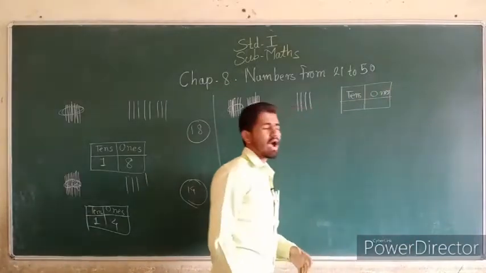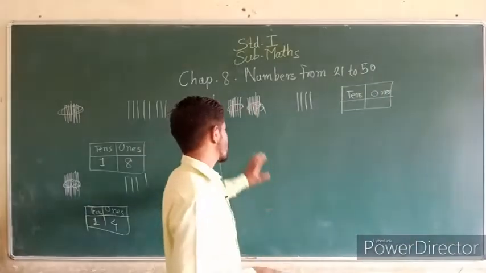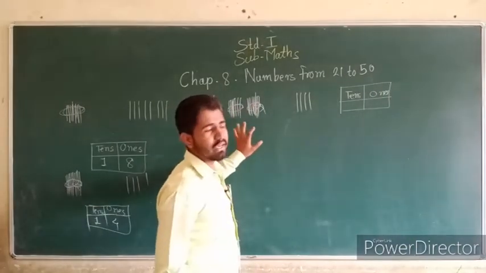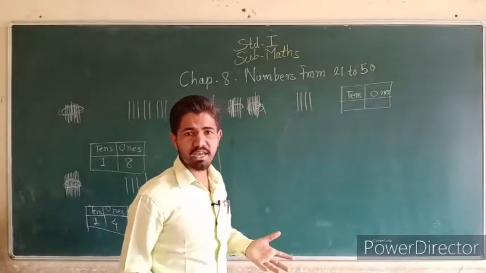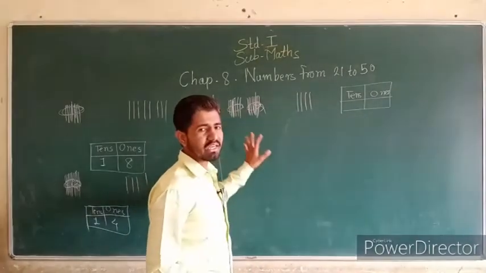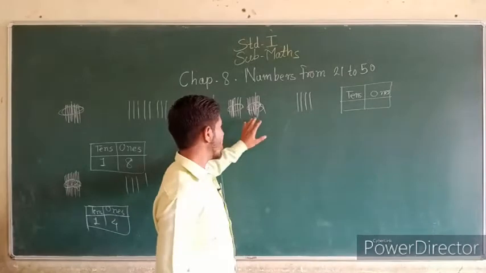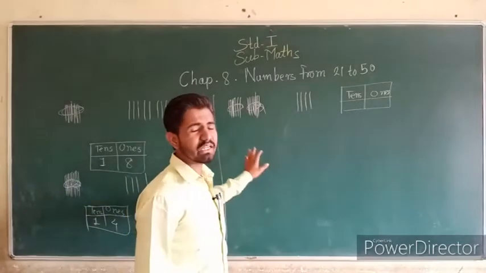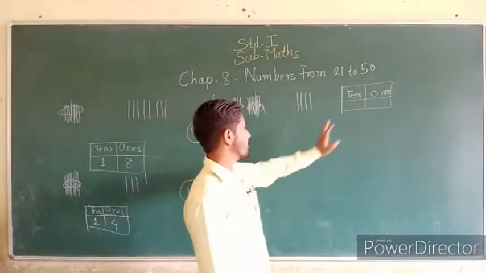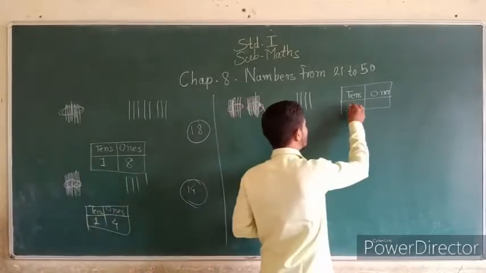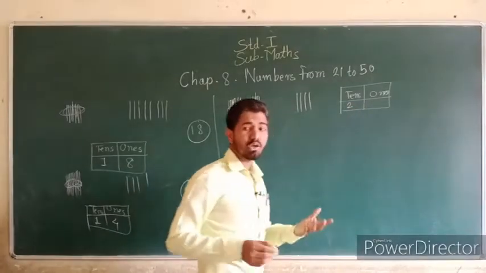Okay children, we have understood. How many bundles of 10? यहाँ पे 10 के कितने बंडल्स हैं आपको दिखाई देते हैं ना? 2 बंडल्स हैं. तो हम यहाँ पे लिखेंगे 2 tens. We have to write here 2 tens.